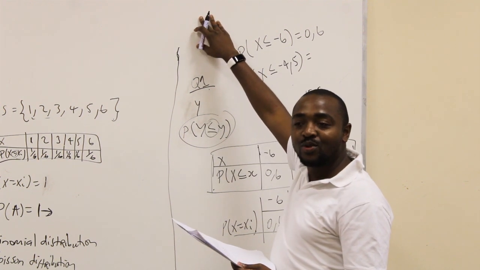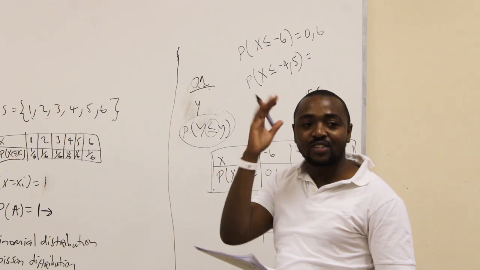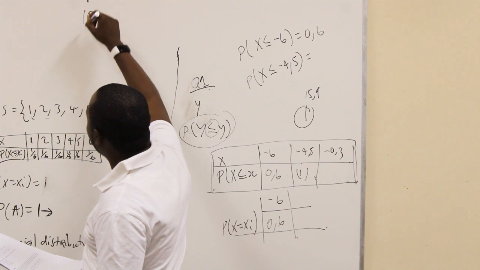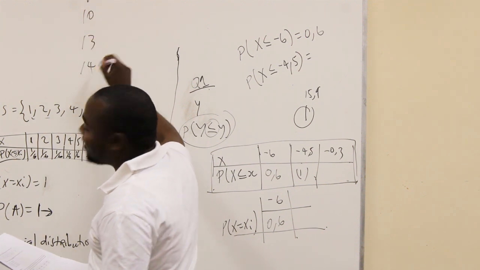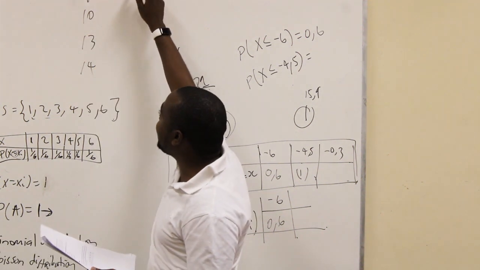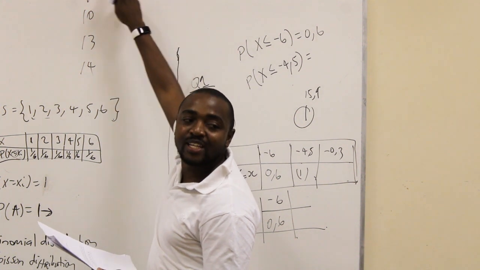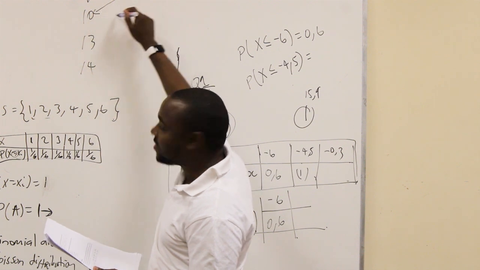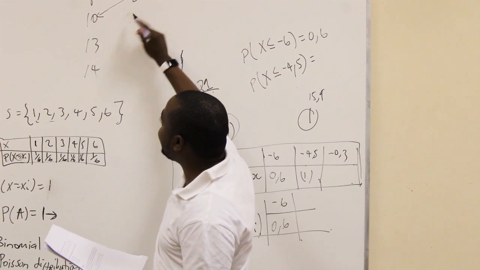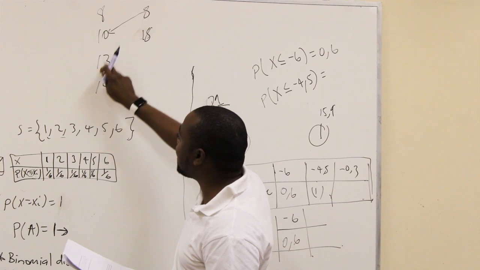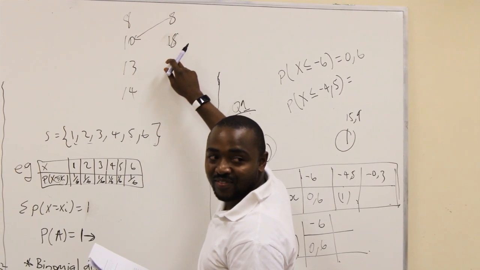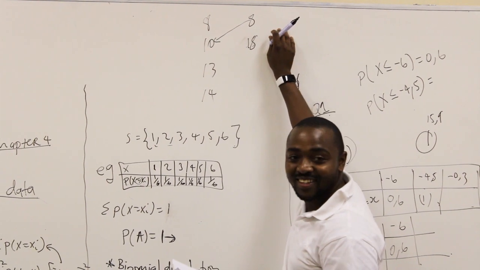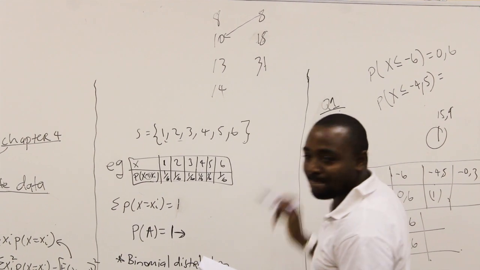This is nice, guys. You remember cumulative frequency in chapter 2, right? If you've got a frequency 8, 10, 13, 14, what do you say? You say 8, you say 8 plus 0, then you say 8 plus 10, which is 18. 18 plus this, which is 31, right?